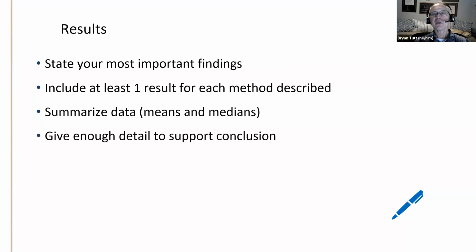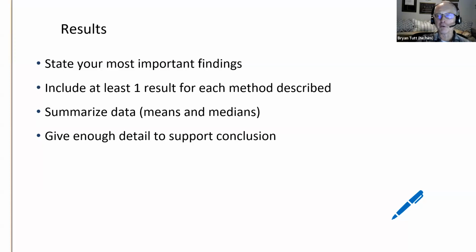And then the results will state your main findings. When you're writing your results, you want to look at your methods section and make sure that for each experiment or intervention described in the methods, you give a result for that experiment or intervention.